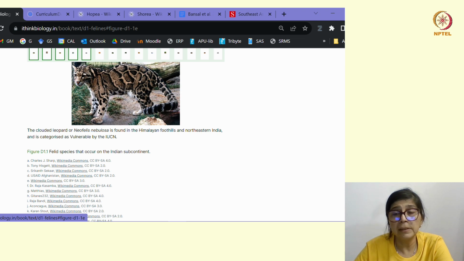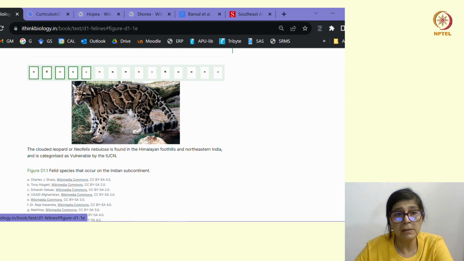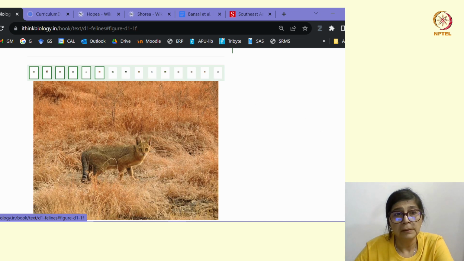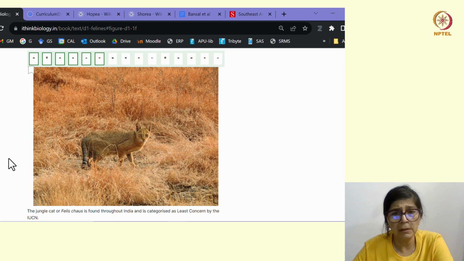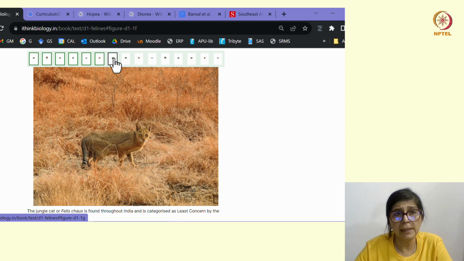These are the clouded leopard, very rare to see actually, and you can see it's categorized as vulnerable by the IUCN. Very beautiful cat. Desert cat. If you go to a desert, it's quite common there. If you roam around, you can definitely see it, and the population is also not that bad.